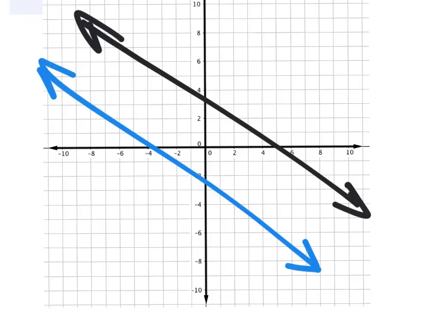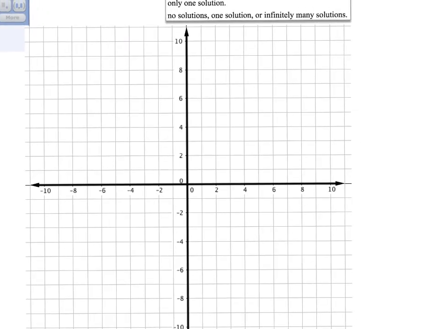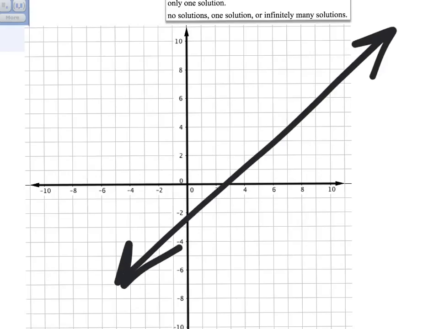You have no solutions because they're parallel. Or you might have an infinite number of solutions because maybe one line looks like this, and the other line is smack dab on top of it. So now you have an infinite number of solutions.